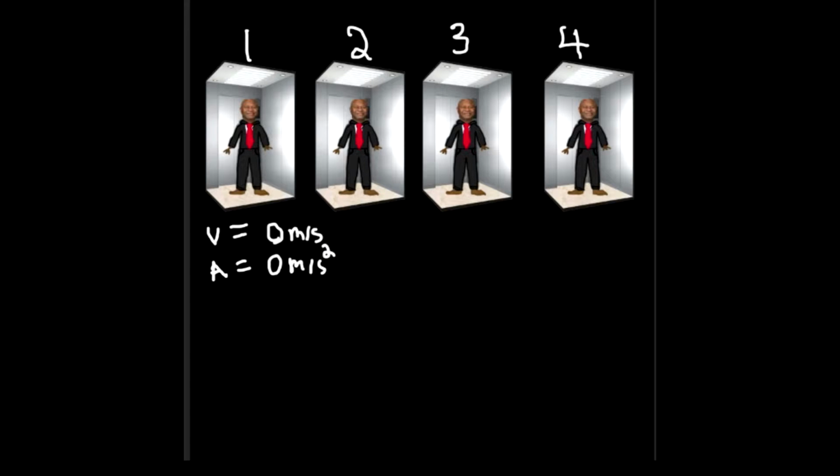In the second situation, the velocity is 34 meters per second. The acceleration is 4 meters per second squared. In the third situation, the velocity is 32 meters per second, and the acceleration is negative 4 meters per second squared.